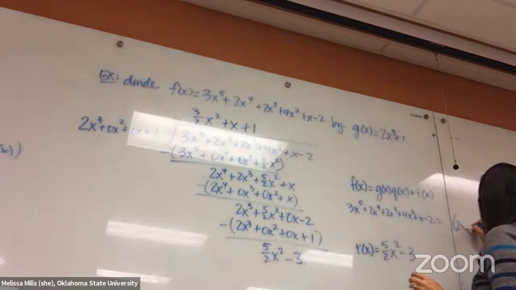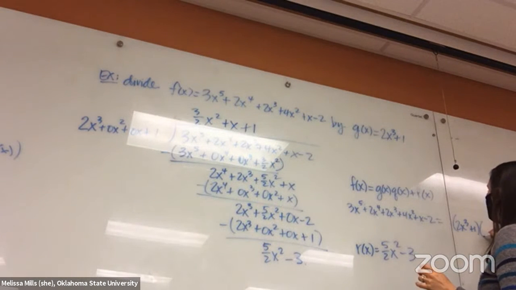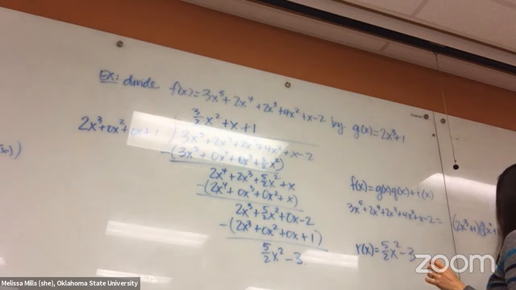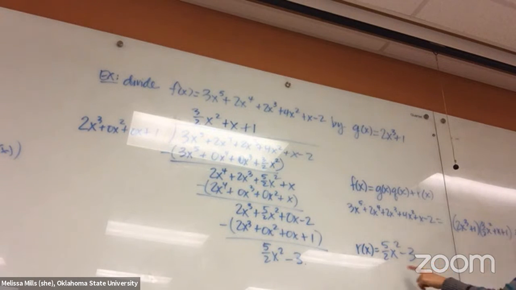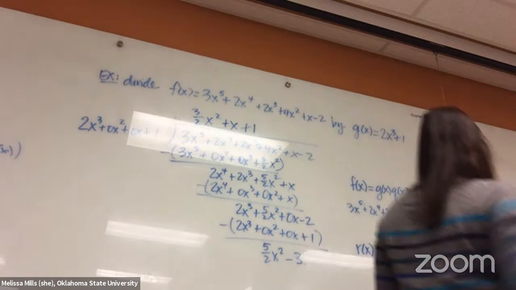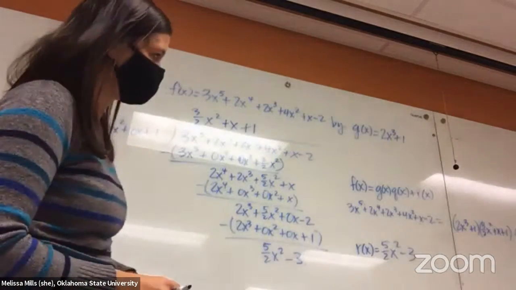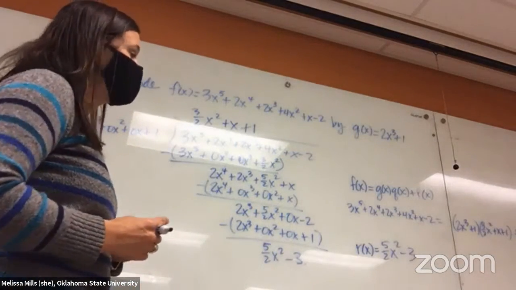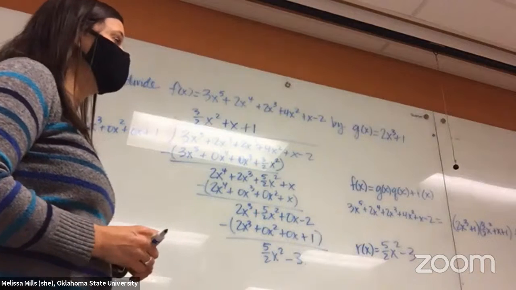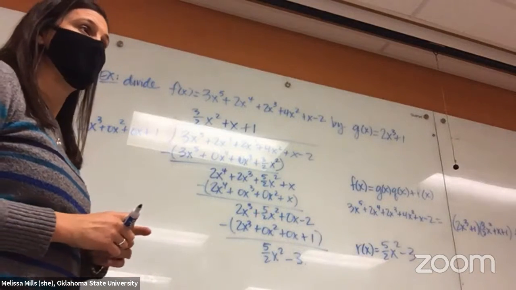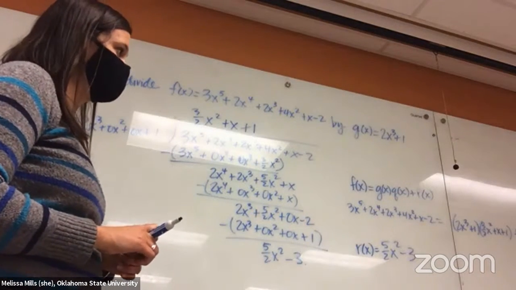So 2x cubed plus 1 multiplied by 3 halves x squared plus x plus 1, plus my remainder. So that's what we get from the division algorithm. And the division algorithm tells us that those are unique, right? Those are unique polynomials.